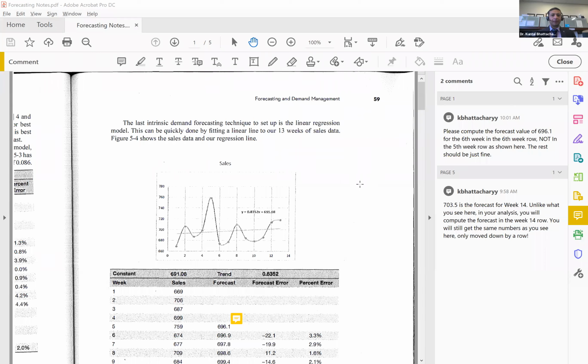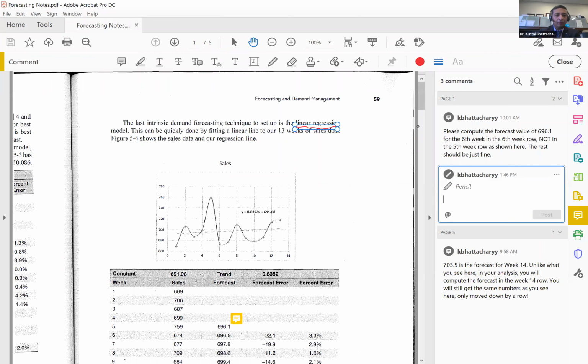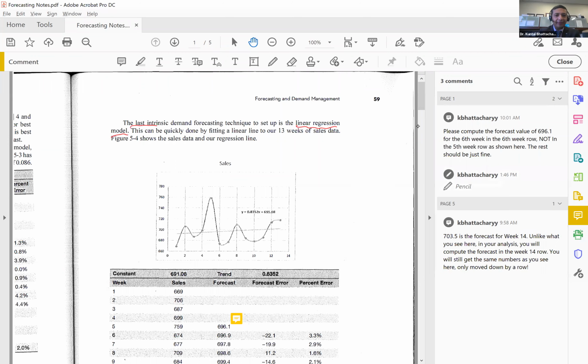Okay, so as you can see in the forecasting notes, this is where it starts talking about linear regression model as the final intrinsic demand forecasting technique. It's intrinsic because it's still against sales data only, against your time.